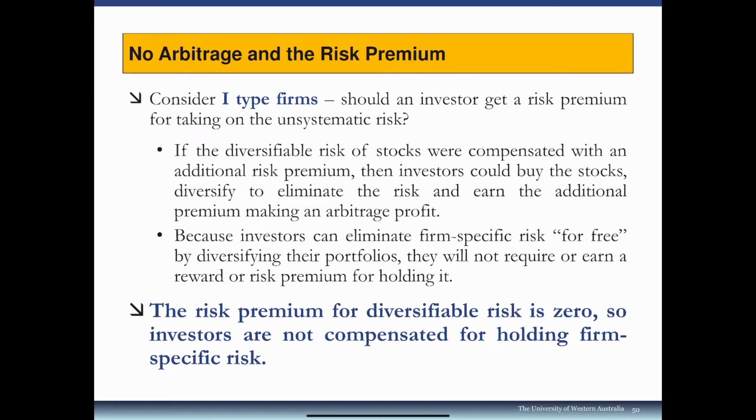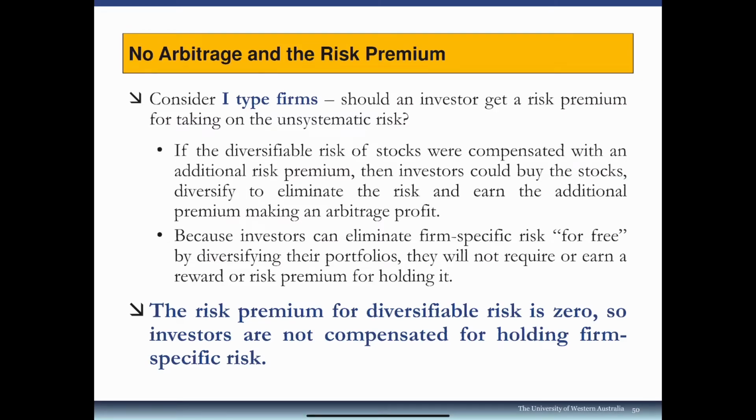Because should I be rewarded if the company has a high or low chance that the CEO has a car crash? That's very firm-specific. Probably not, because I can diversify that risk out by holding another company that is not related to that event.